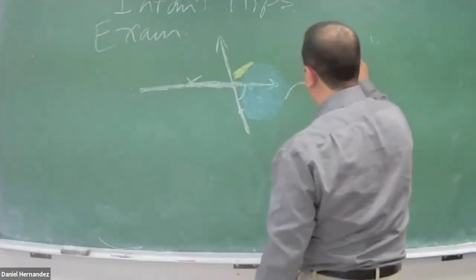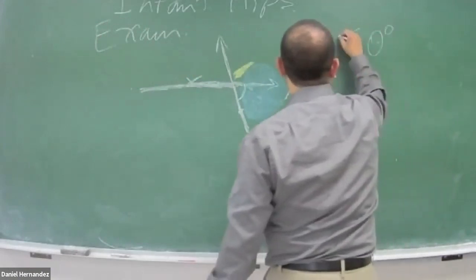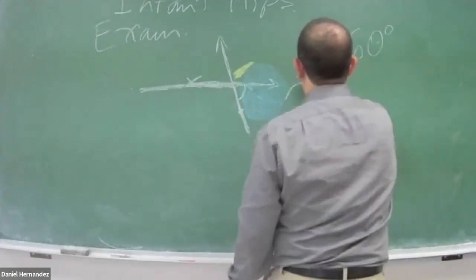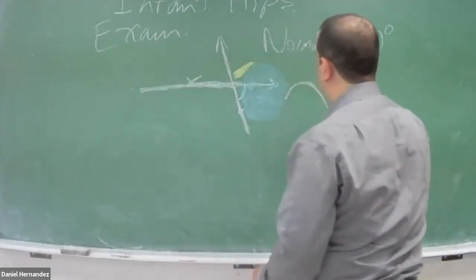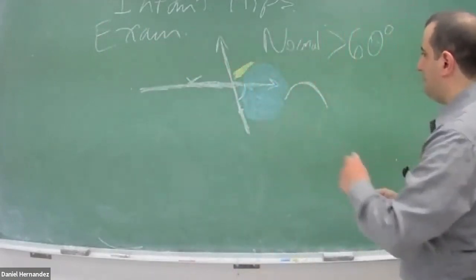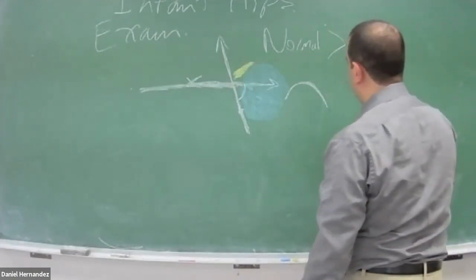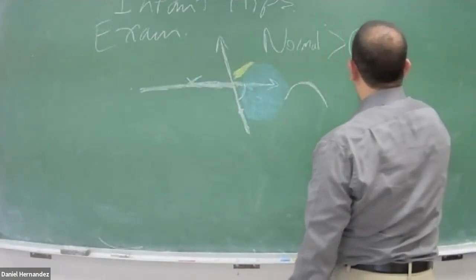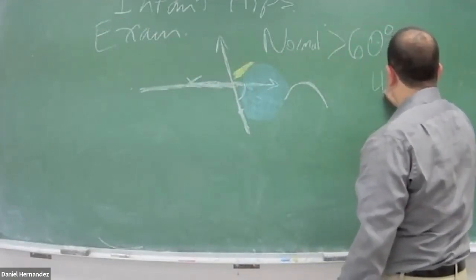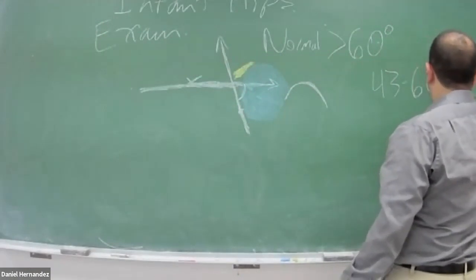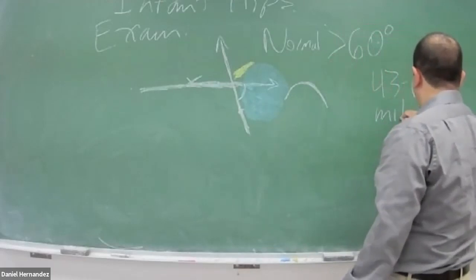So we're looking for angles that are greater than 60 degrees. So we want greater than 60 degrees, normal. Between 43 and 60 degrees is considered mild dysplasia.